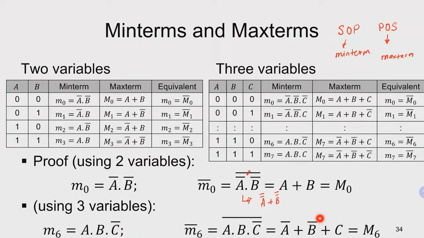And therefore we have A bar bar, that will be A, or with B bar bar, and that will be B. And then A or B is our maxterm. Therefore, our minterm is equal to the inverse of the maxterm, or the inverse of the minterm is equal to the maxterm. And here is the proof of the three variables, and you can extend that to 4 variables as well. Okay, you can show that they are equivalent.